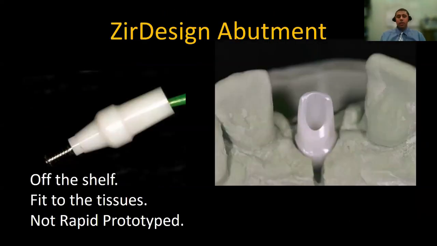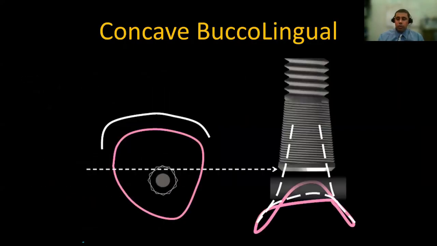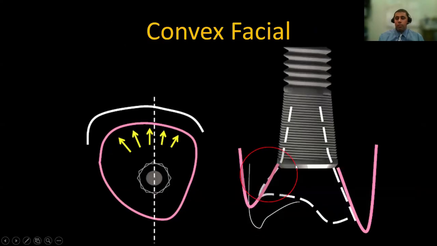So here is an example of an off-shelf zirconia abutment that was prepared based on the soft tissue profile that the patient presented with, and you have control over the placement of the margin. Some of the guidelines that you follow: you would like to have a concave buccolingual configuration, and a convex transition zone coming from the implant to the margin of the abutment and then the restoration.